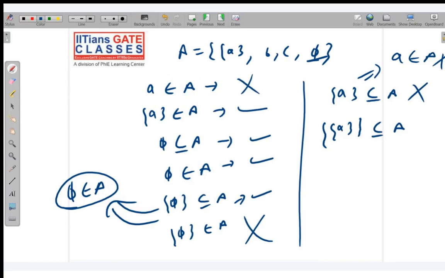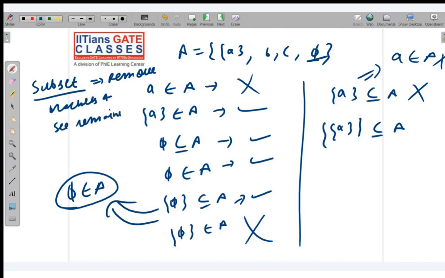See this: for a subset, remove the brackets, and the remaining part should belong to A. I will simply remove the brackets and say the remaining part belongs to A. Yes, so this is 100% correct.